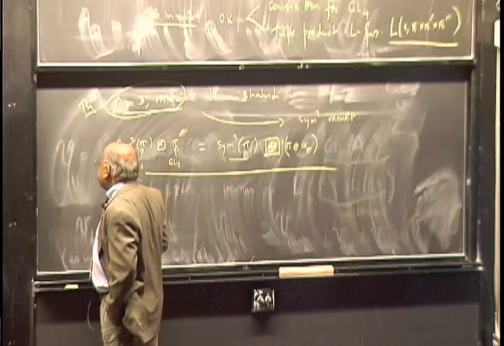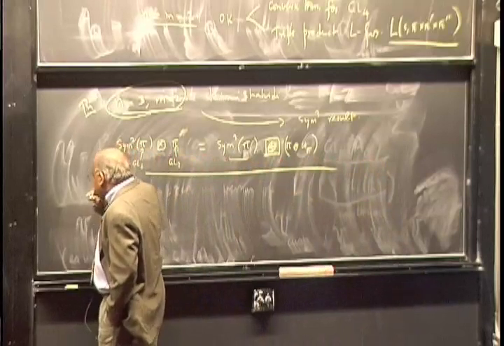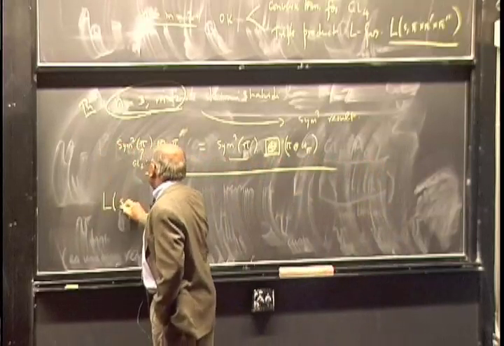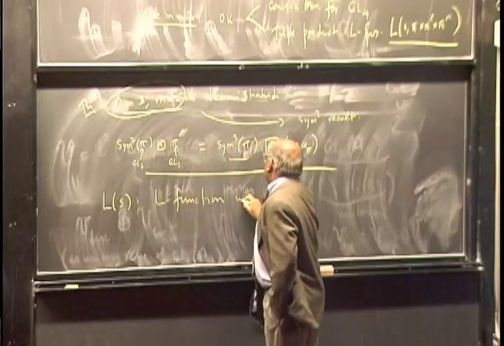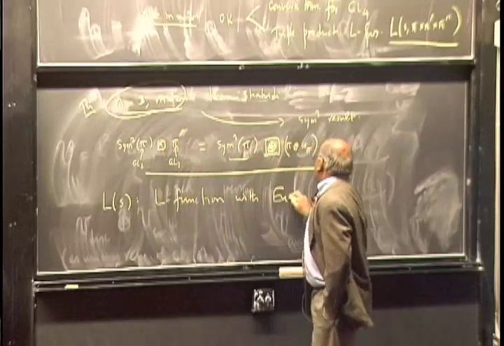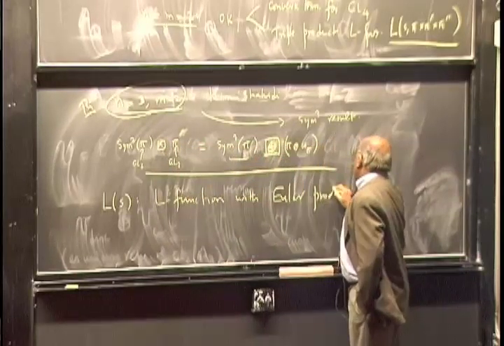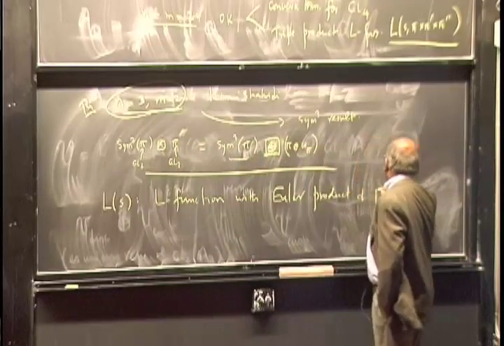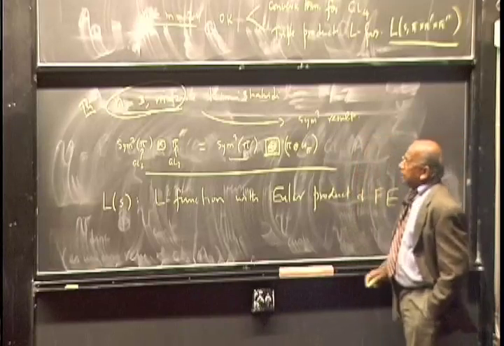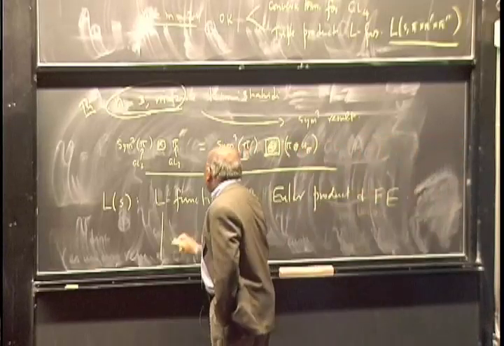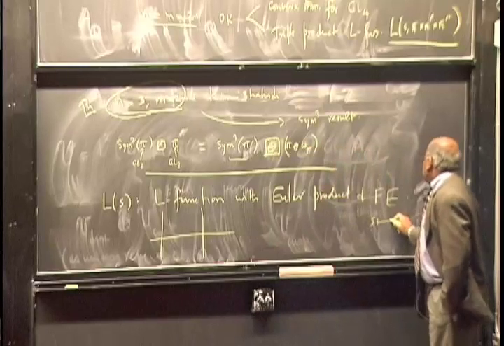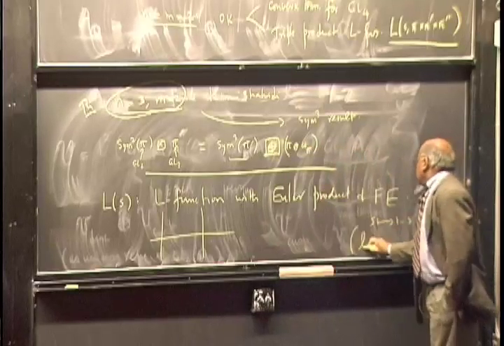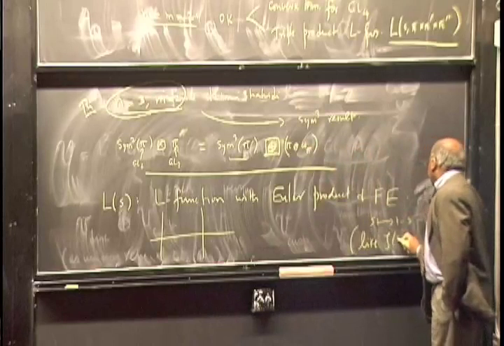So what you can prove is that if you take some L function with Euler product and functional equation, and let's say it has a functional equation relating s to 1 minus s, like the Riemann zeta function.